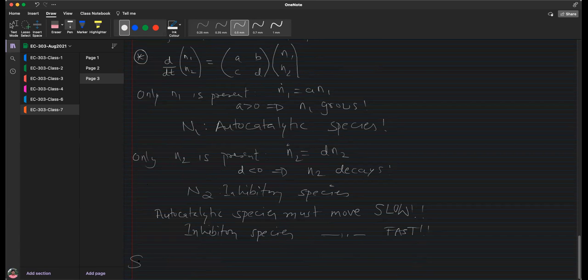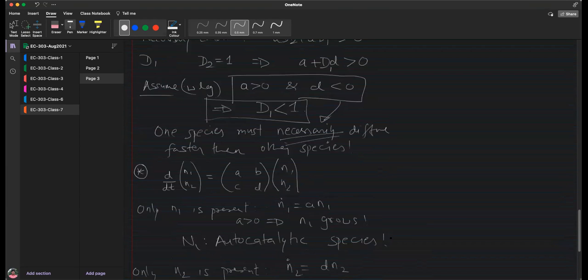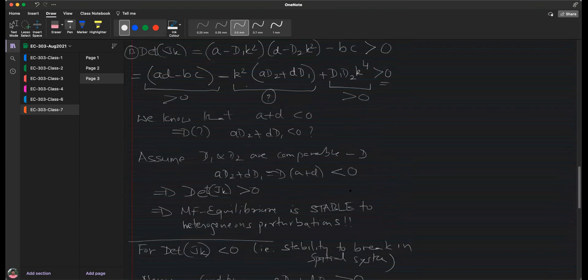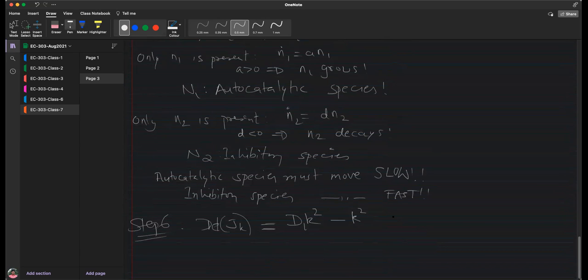Let's call it step 6. So now let's denote the determinant of JK as d1k square minus k square, just check what we had, k square a plus dd.